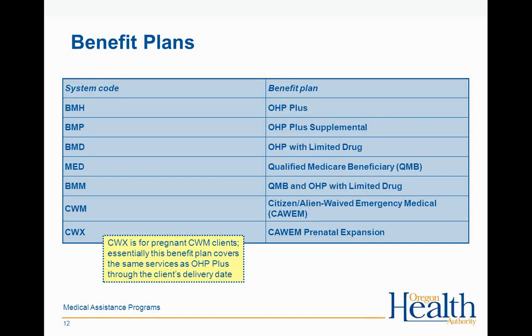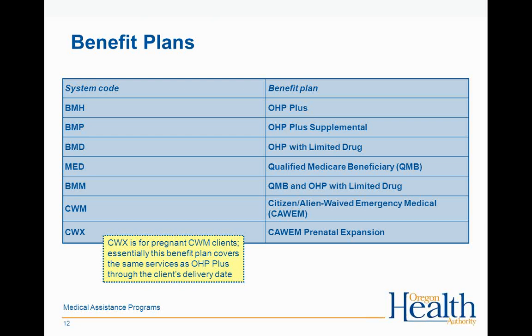Here are benefit plans or benefit packages that are available through the Oregon Health Plan. So we have OHP Plus. We have a supplemental plan. Lots of different stuff there. You'll see the Med plan is qualified Medicare beneficiary. That's where we're helping them pay their Medicare premiums and out-of-pocket costs for Medicare.